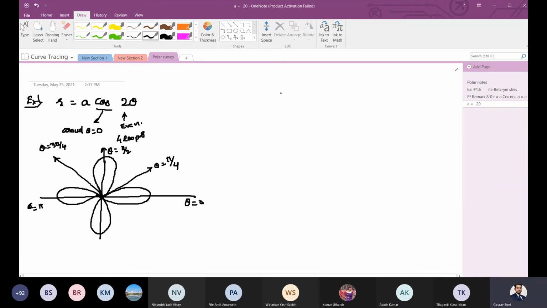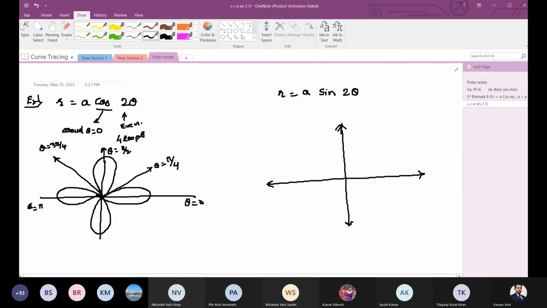So if we have r is equal to a sine of 2 theta, then again n is even, 4 loops will be there, right? And in the 4 loops, the first will be along pi by 2 times 2, which is pi by 4. So pi by 4 around the first loop will come.